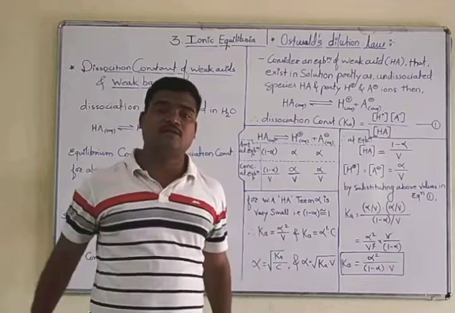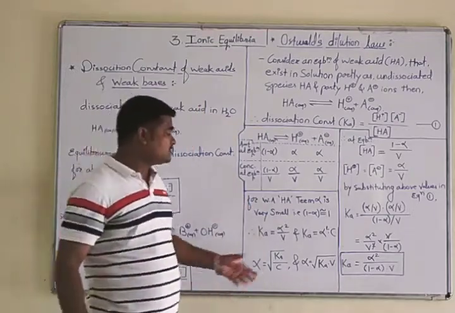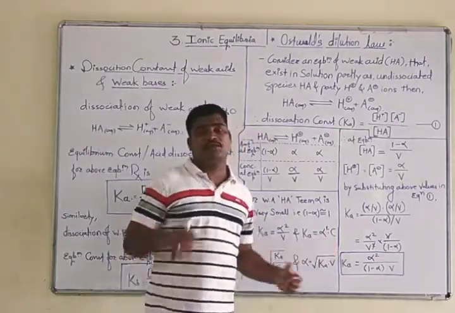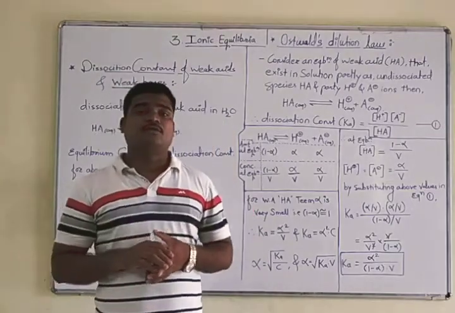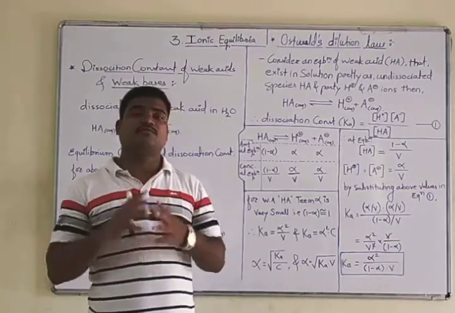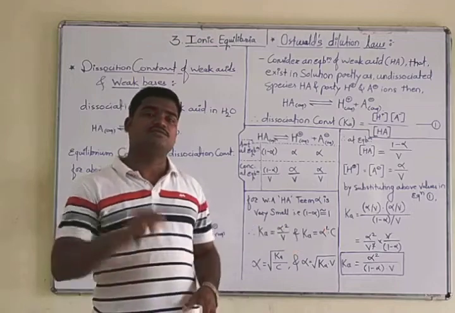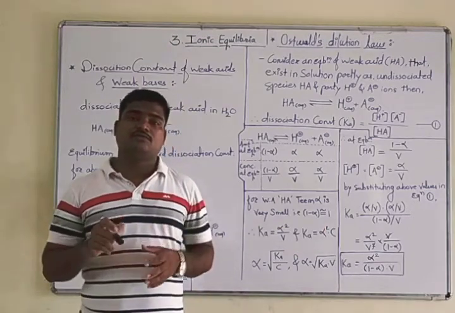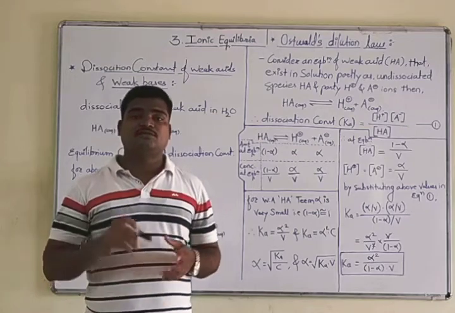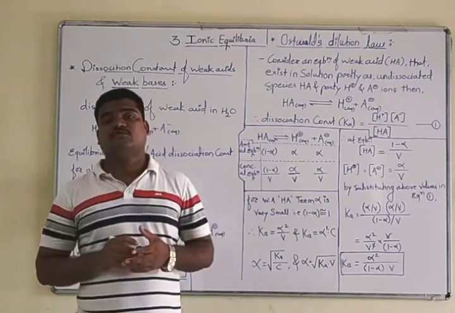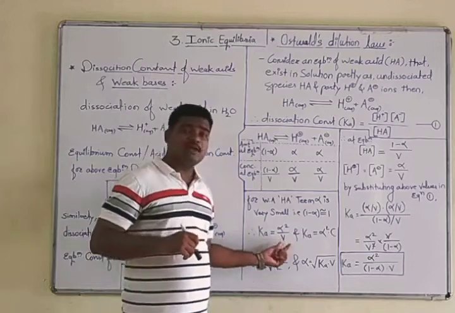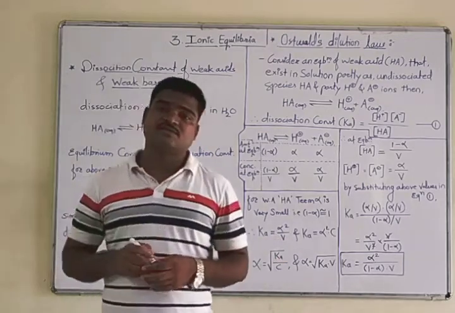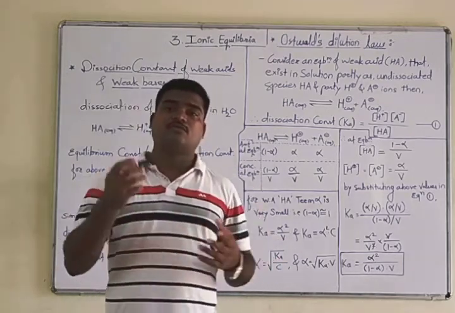This Ka is the dissociation constant for weak acids. We can also write it in another form, that is in the form of concentration, because you have to solve different problems on this equation. In some numericals you are given the values of volume as well as values of concentrations, and according to that you have to solve the problem.